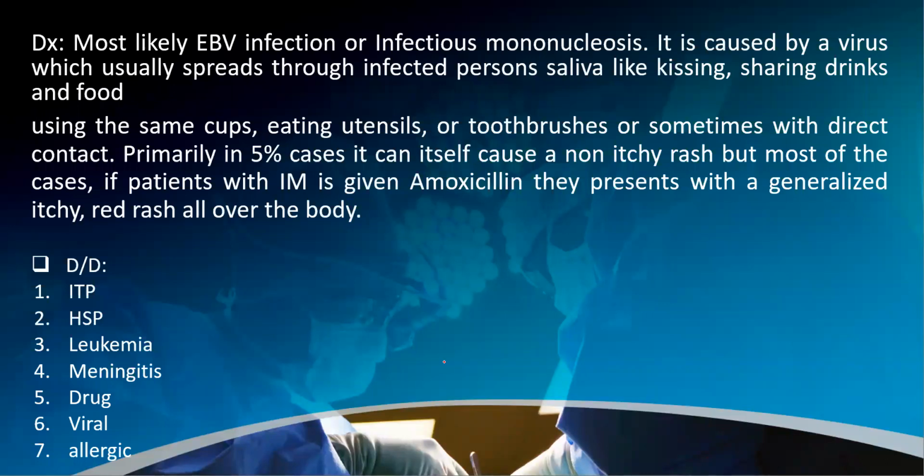It is caused by a virus which usually spreads through an infected person's saliva, like kissing, sharing drinks and food, using the same cups, eating utensils or toothbrushes, or sometimes even direct contact. In 5% of cases, it can itself cause a non-itchy rash, but in 95% of cases, patients with infectious mononucleosis, if given penicillin, sometimes present with a generalized itchy red rash all over the body, which is exactly what I am thinking your child is having.